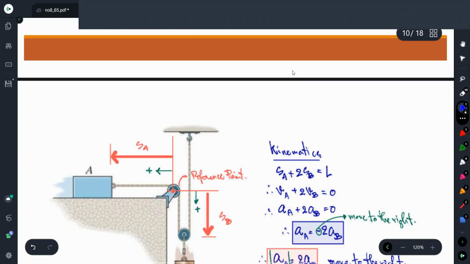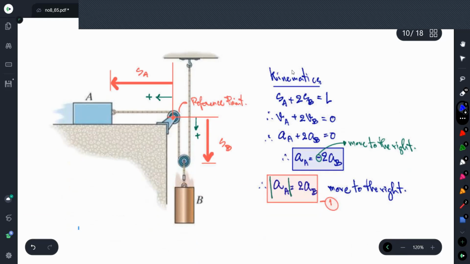So let's consider first that for a kinetics problem, we have to start by drawing the free body diagram and drawing the related reference line and reference point, to set up the positive sign convention to reduce our confusion.